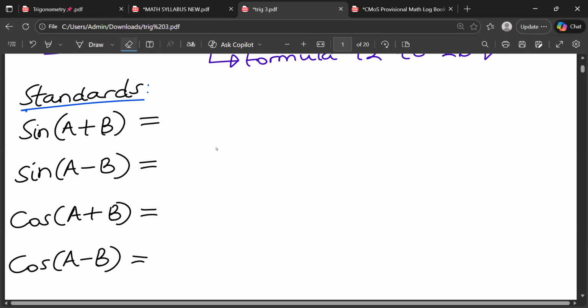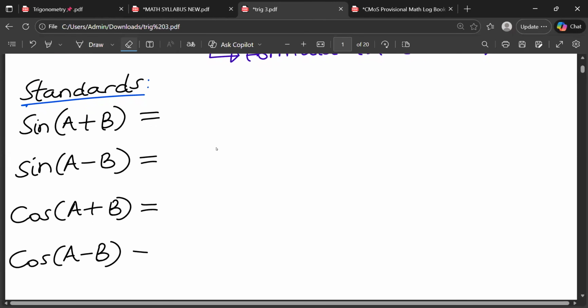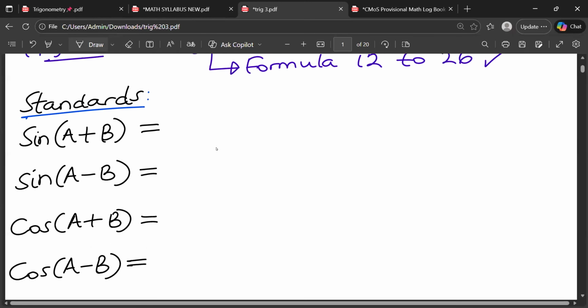So these ones, they have derivations, but you don't need the derivations at your level. Let me tell you this, anything they provide in the logbook, they don't need you to learn how it's derived, especially for pure math.